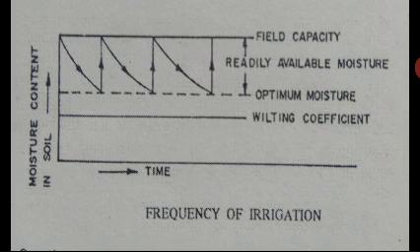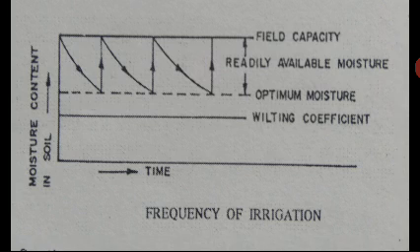The soil moisture is not allowed to deplete up to wilting point. For satisfactory growth, the moisture content in the soil should be between field capacity and optimum moisture content, which is the readily available moisture.